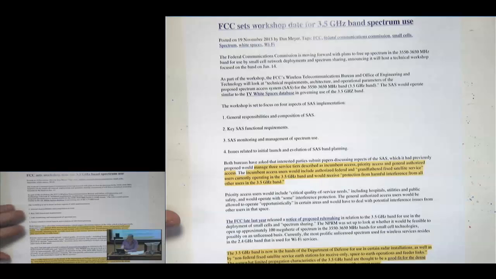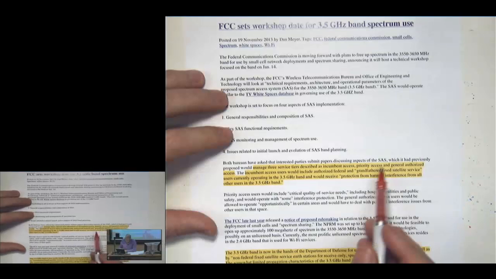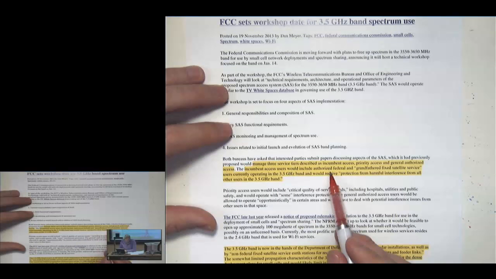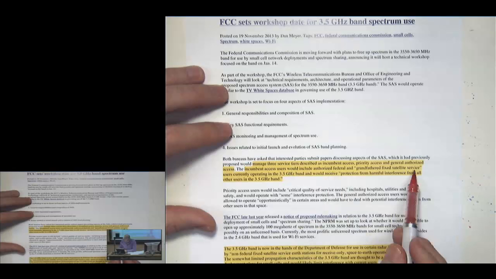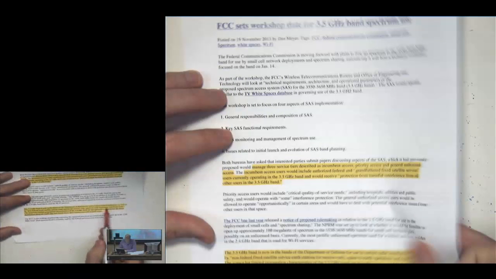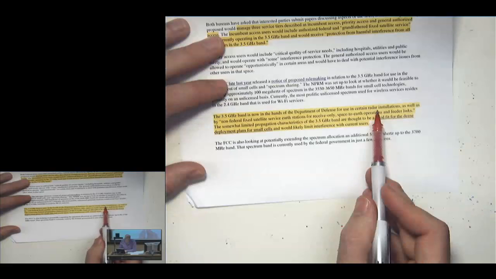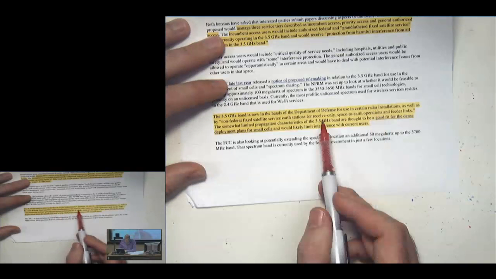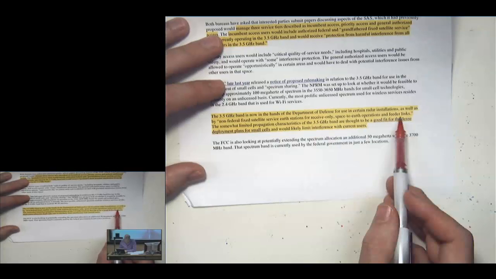And so it turns out the incumbents are authorized federal and grandfathered fixed satellite services users here. And so the 3.5 gigahertz band now is used for radar, as well as non-federal fixed satellite services, for receive-only space-to-earth operations and feeder links here.